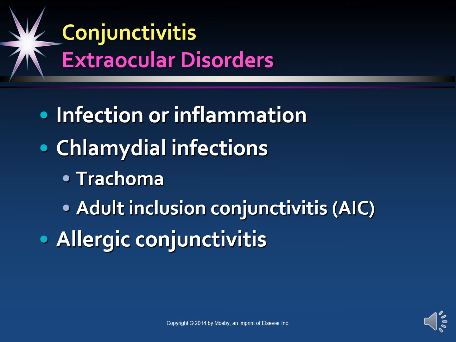It's spread by hands and flies and is a type of pretty severe conjunctivitis that can cause blindness. Adult inclusion conjunctivitis is related to a sexually transmitted disease infection. So treatment would be antibiotic therapy. There's also allergic conjunctivitis, which treatment would be antihistamine and artificial tears.